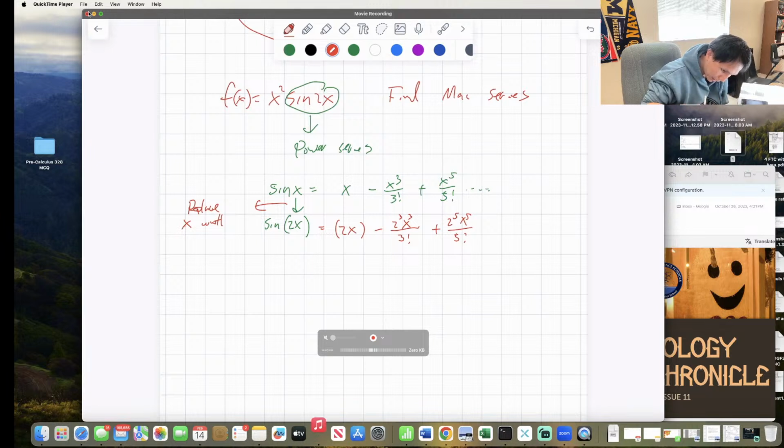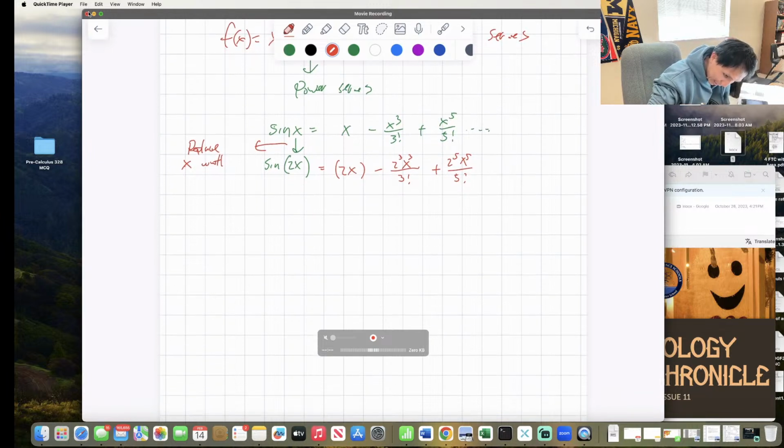Now obviously I can write that in general form. So sine of 2x, which I'm going to write as a power series, is the sum from n equal to 0 to infinity of -1 to the n, 2 to the 2n plus 1 times x to the 2n plus 1, all over 2n plus 1 factorial.